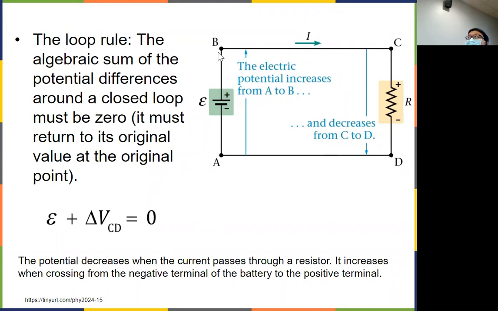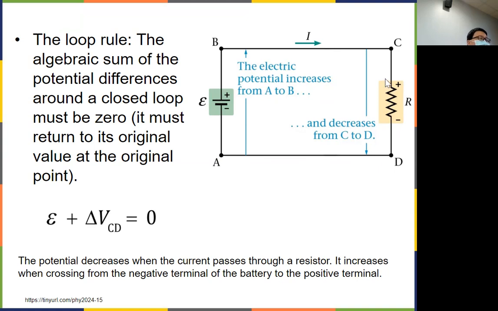Now the next element in this example is the resistor. If you go from C to D here, that's its change in voltage, delta V CD. Then it goes back here, and all these changes should add up to 0, because the change of potential, if you start from point A and go back to point A, should be equal to 0.